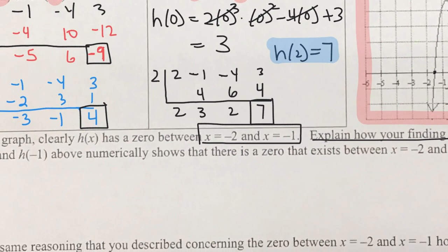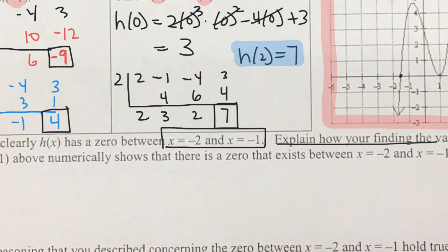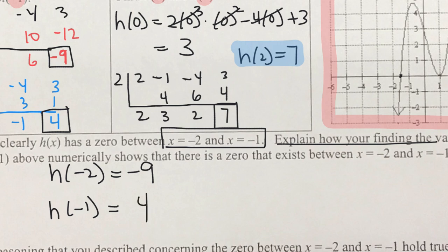Okay? So what is the y value at -2? h of -2 was -9. Yes, would you agree? Is that on your graph? Right, no, we don't have a -9 value on your graph. And what about h at -1? That was +4, correct?